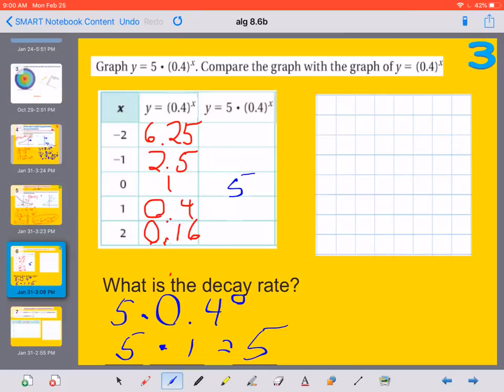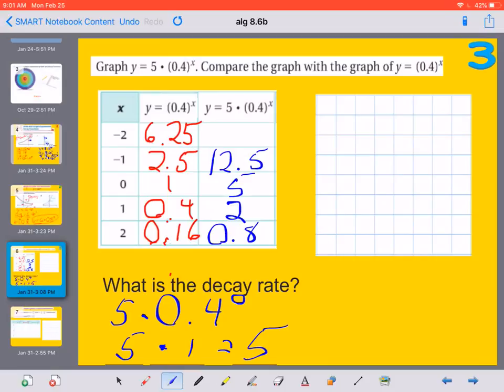Then I'm just going to put the rest of them in my calculator. 5 times 0.4 to the power 1 gives me 2. 5 times 0.4 to the power 2 gives me 0.8. 5 times 0.4 to the power negative 1, that gives me 12.5.